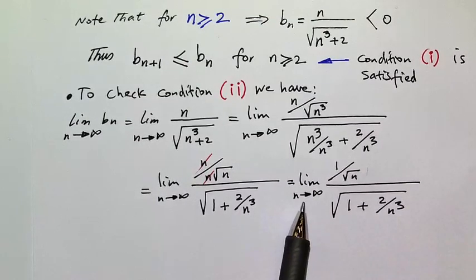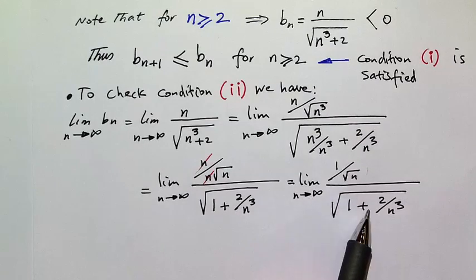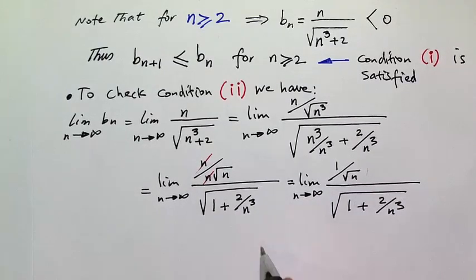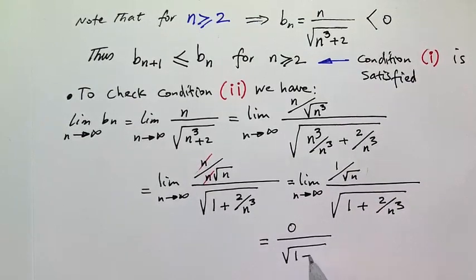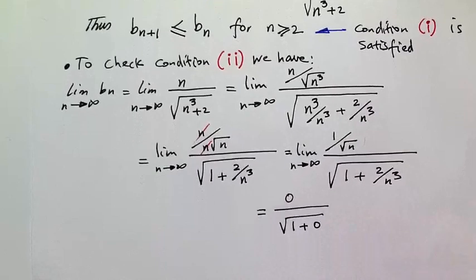So just apply the limit as n goes to infinity. That will be 0, right? We will have 0 divided by the square root of 1 plus 0, and this is of course 0. Okay, so condition 2 is satisfied as well.